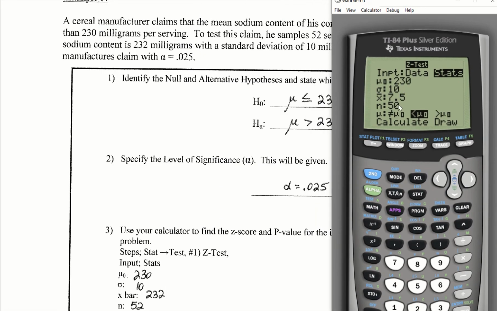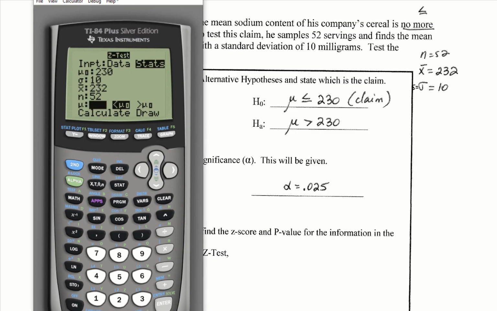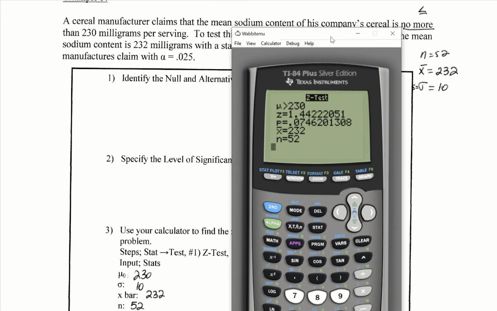The mean of the sample was 232. Our sample size was 52. And now the last thing we need to do is pick the appropriate tail test. Because our alternative hypothesis was greater than, that's a right tail test. I need to go over to the right tail test option and hit enter. And then we're going to go ahead and calculate this.